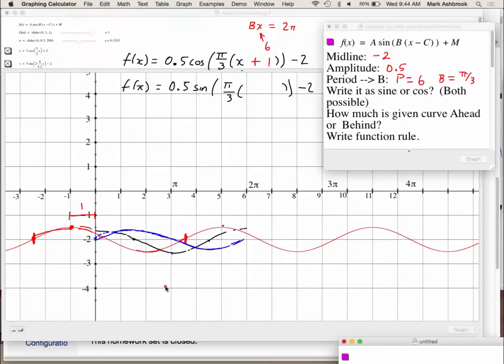So our graph, the closest one is ahead by 2.5. You could have done this cycle, and this is behind by how much? 3.5. So for sine we could do x plus 2.5 or x minus 3.5. Both work.